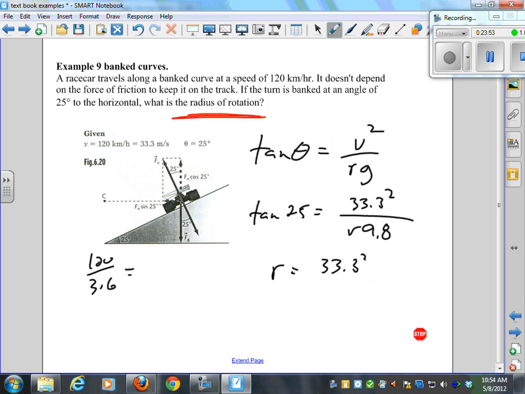So r equals 33.3 squared divided by 9.8 tan 25. Now, what happens when you got two things on the bottom? You got to make sure you bracket them. 33.3 squared divided by bracket 9.8 times tan 25.